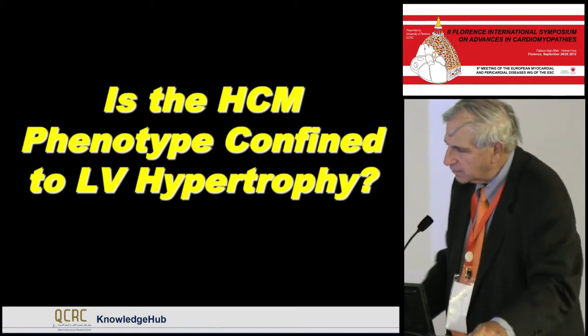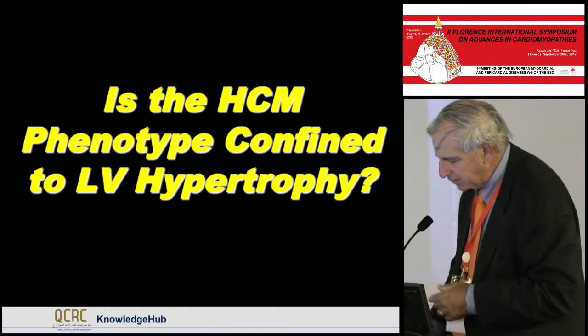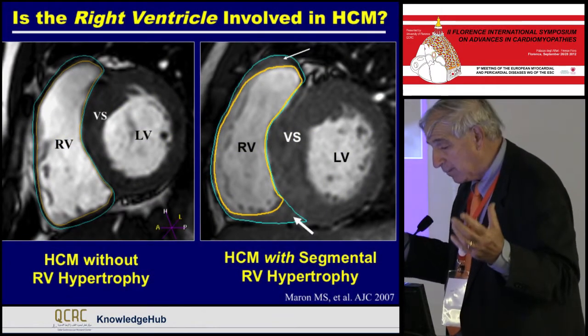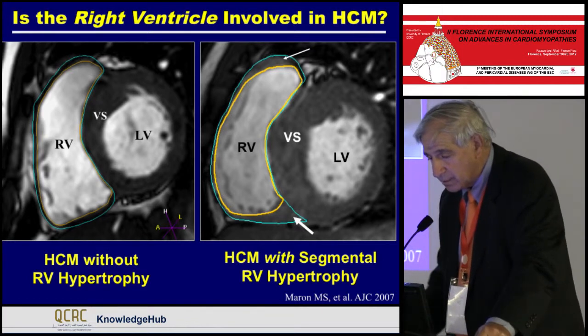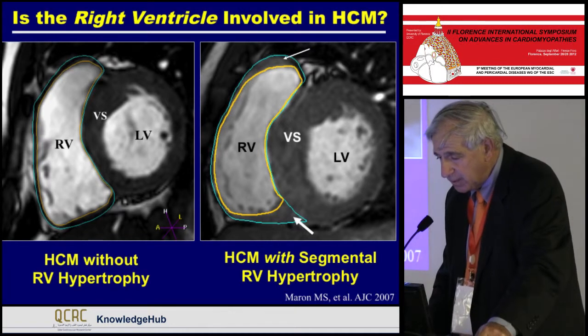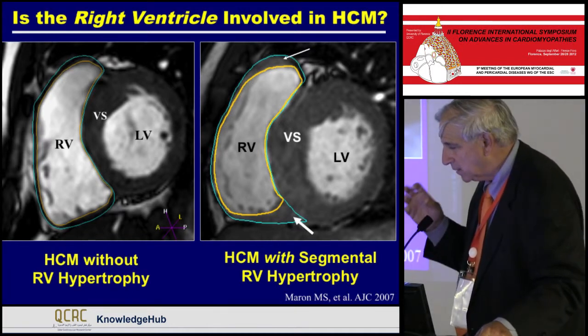You know, this is a disease of the left ventricle, but again, CMR provides the opportunity to look at the right ventricle for the first time. And many of these patients turn out to have a spillover effect of hypertrophy into the right side. The significance of this is not known.